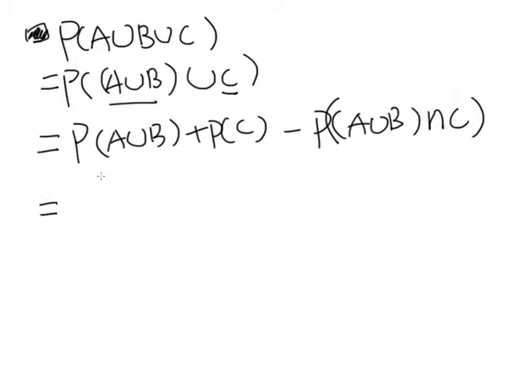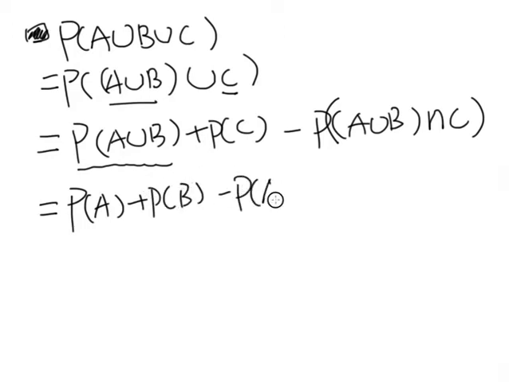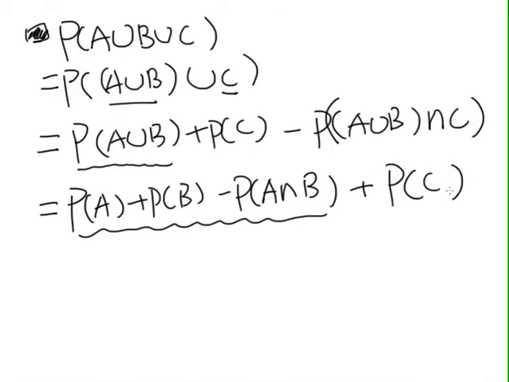We use it again to rewrite the first term as probability of A plus probability of B minus probability of A intersection B. And we rewrite the remaining terms.